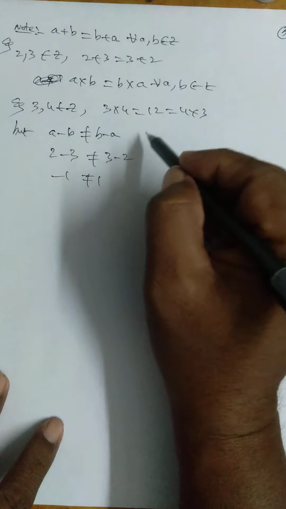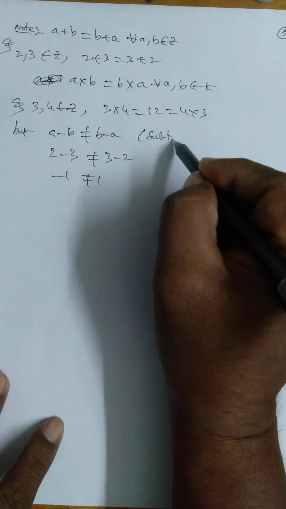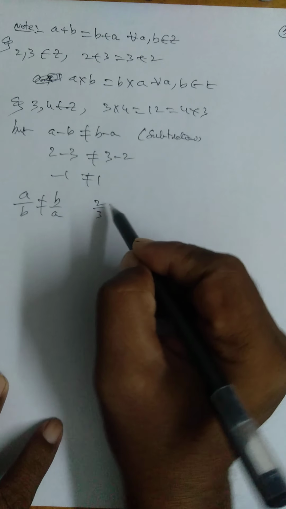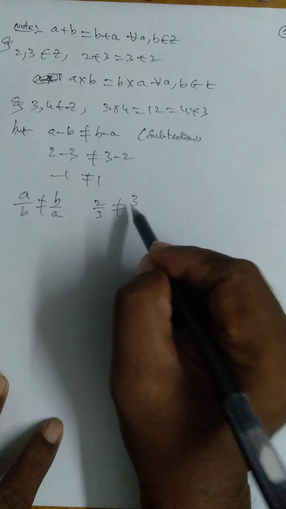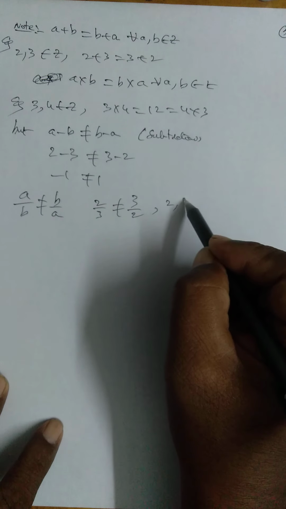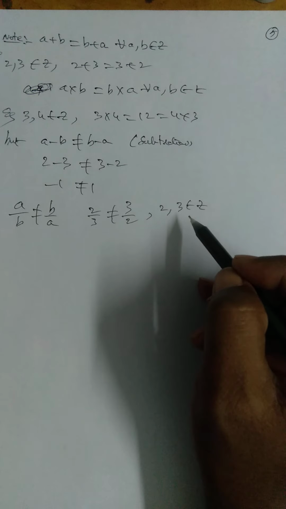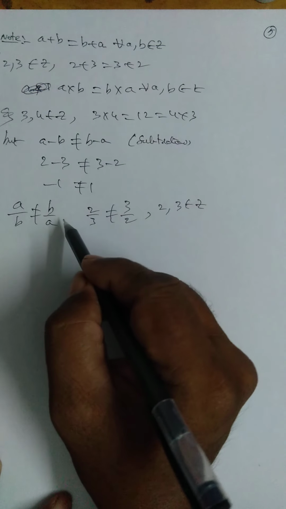Similarly, this is subtraction. Division, A by B is not equal to B by A. Example, 2 by 3 is not equal to 3 by 2. 2, 3 are integers, but 2 by 3 is not equal to 3 by 2.